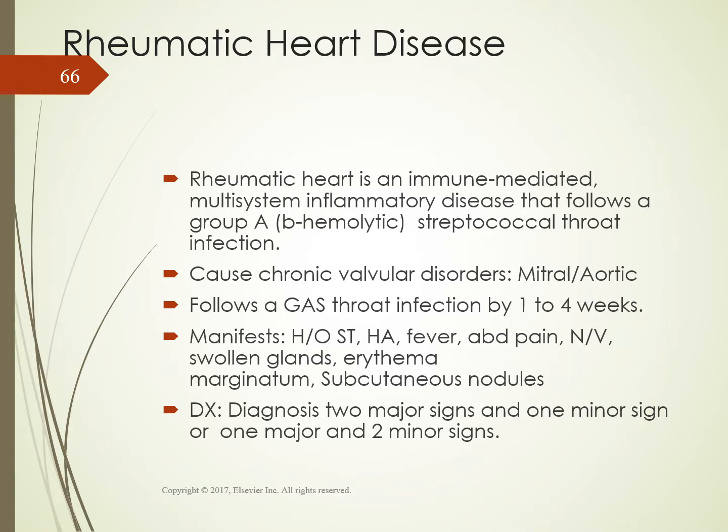The minor signs are arthralgia, fever, elevated levels of acute phase reactants, and prolonged PR interval. Two majors, or 1 major and 2 minors, accompanied by evidence of preceding group A strep infection, indicates a high probability of rheumatic fever and heart disease.